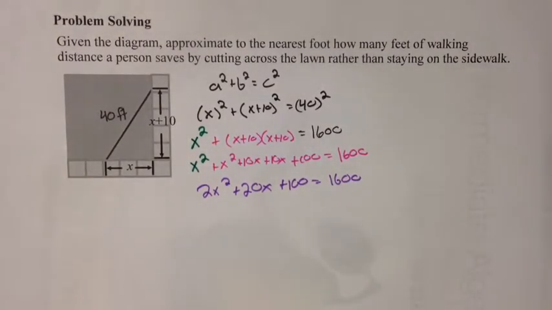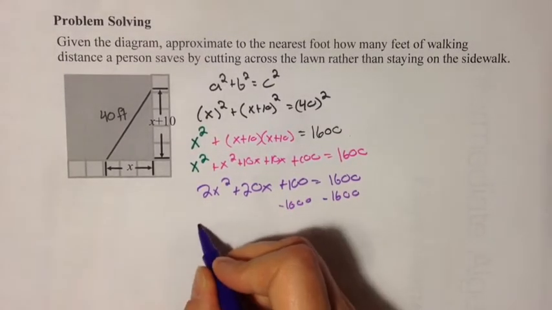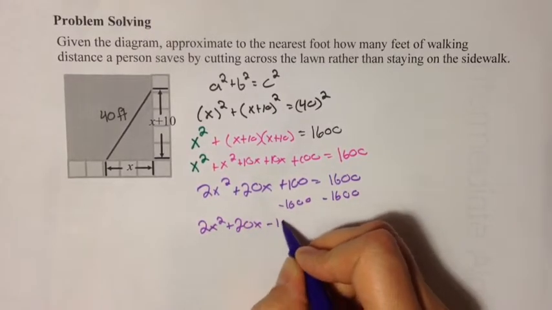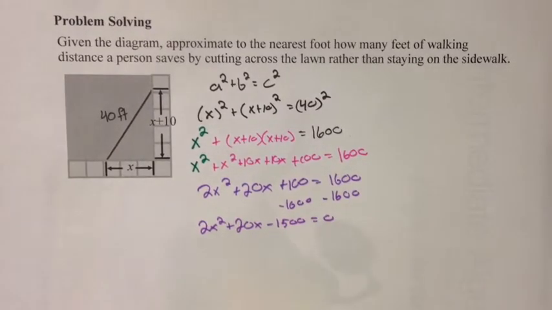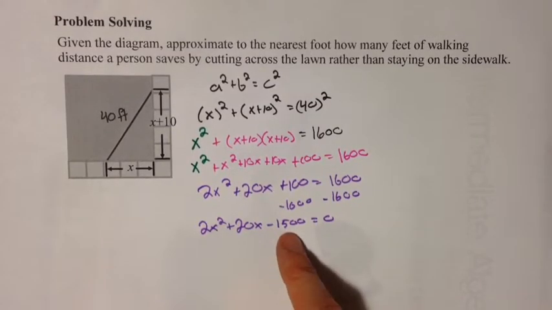The last thing I need to do is get this thing into standard form. So I'll subtract 1600 from both sides. That gives me 2x squared plus 20x minus 1500 equals 0. At this point, I kind of step back and look at my equation. This doesn't look like something where factoring is going to go very well. I could solve it by completing the square if I wanted to, but since we're in the quadratic formula section, let's go ahead and solve this using the quadratic formula.